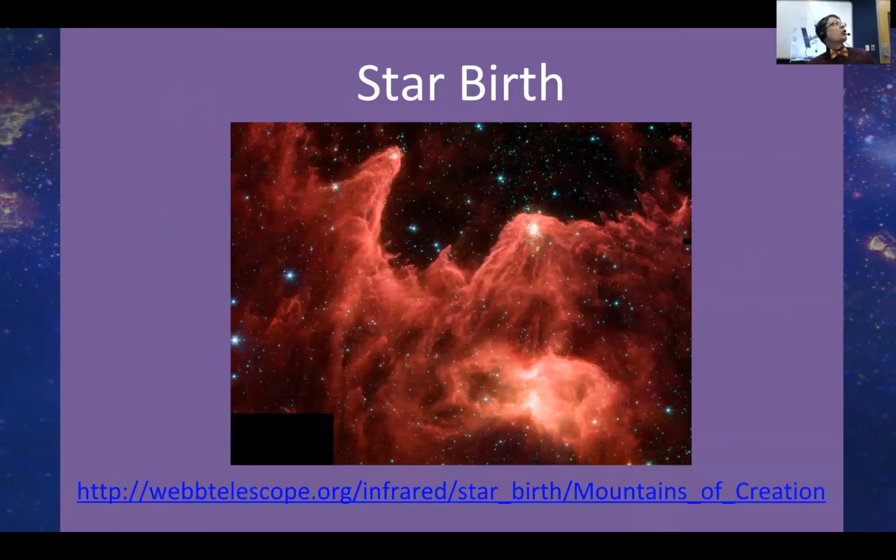And that kind of forms these pillars that are here. But inside those tips of those peaks, you might be able to see new stars coalescing. And that's what's holding that particular peak together while the area around it is being acted upon by younger stars that have been formed.